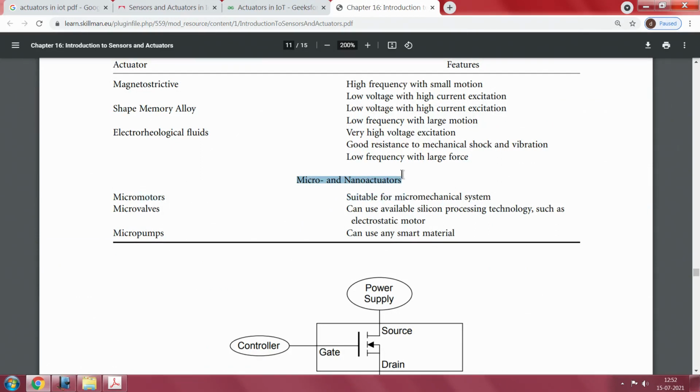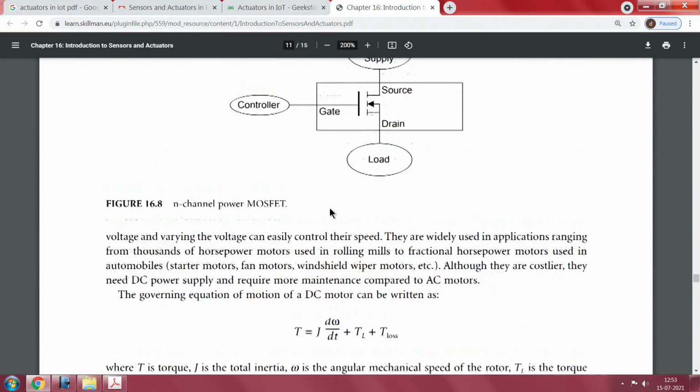These are mostly PCB mounted, very small motors suitable for micro mechanical systems, and they can be made using silicon processing technology, like a micro motor on a chip. That is typical of micro motors and micro valves, and several of them have medical applications.